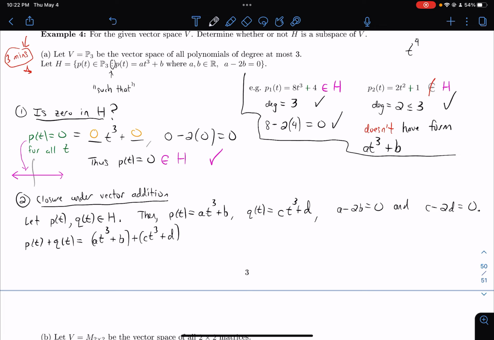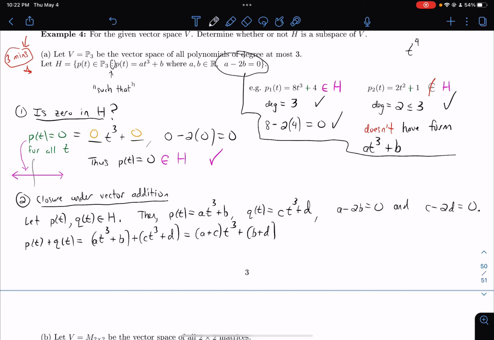Yeah, I can reorder this to put the like terms together. I'll get a plus c times t cubed, and then plus b plus d. So the degree is still good. This is still a polynomial in P3. It's still got the right form. It still looks like something times t cubed plus a constant term.